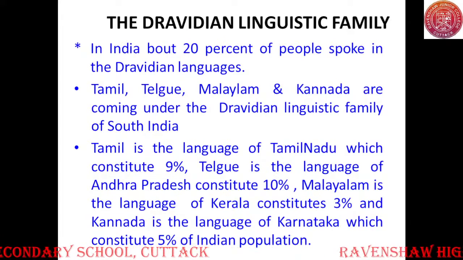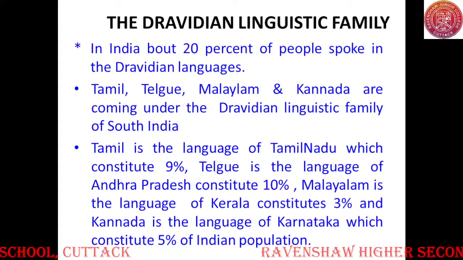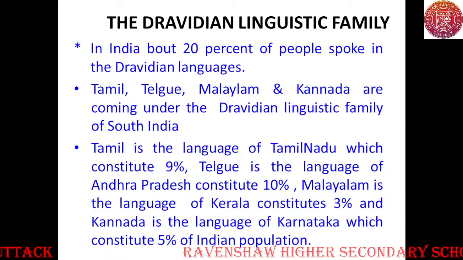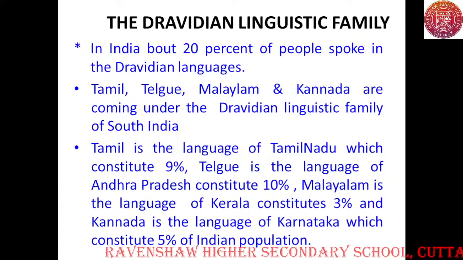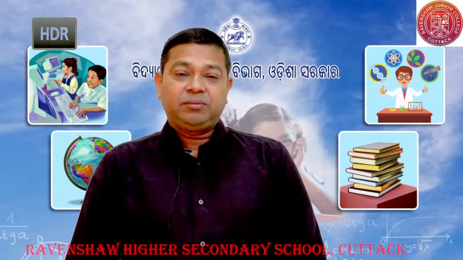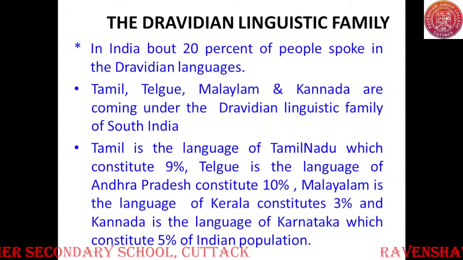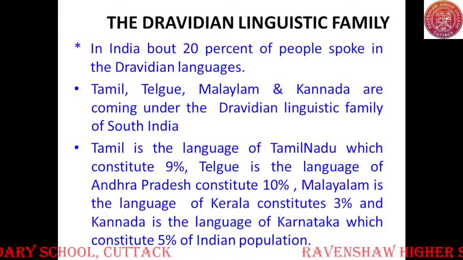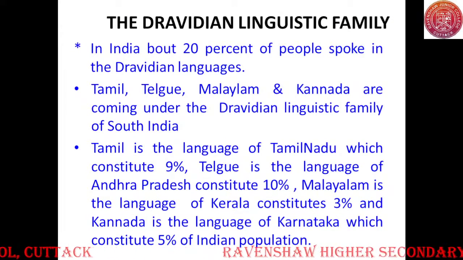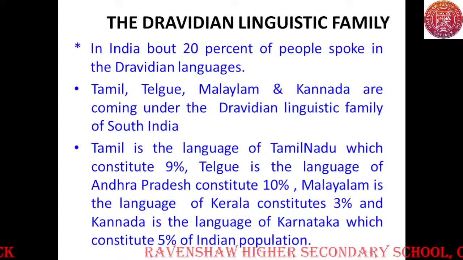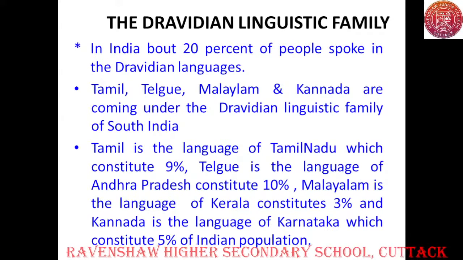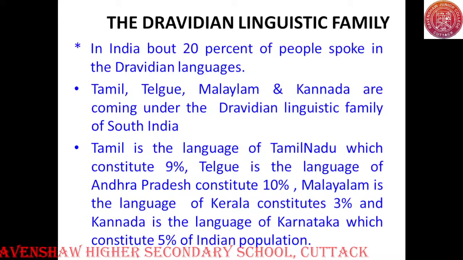Malayalam is also the regional language of Kerala, and Kannada is the language of Karnataka. These are the four regional languages found in different South Indian states.